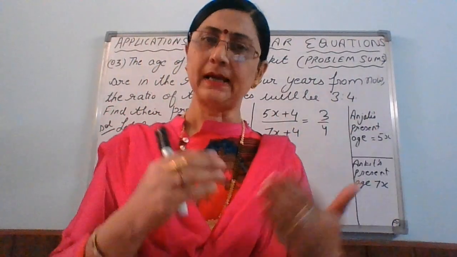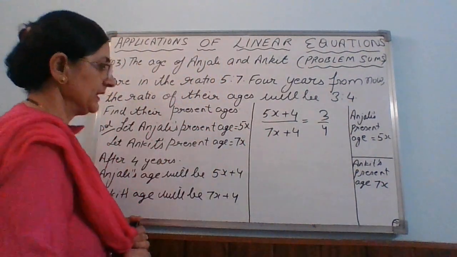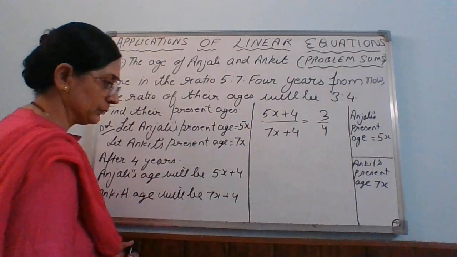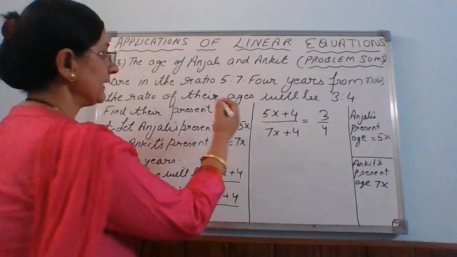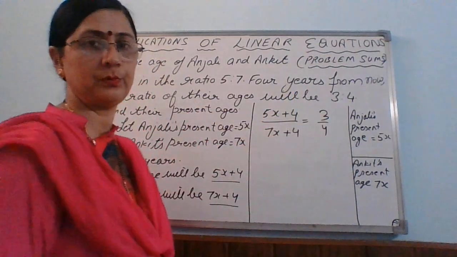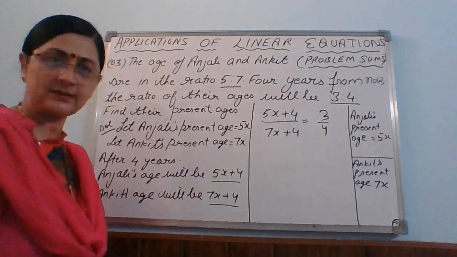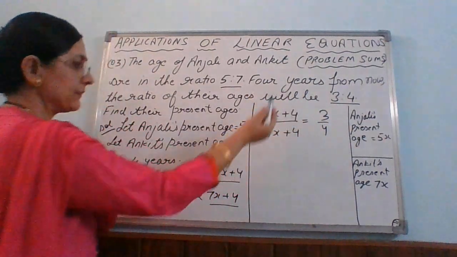From now means you have to find the future age, the age after. Now, it has been given that the ages after 4 years, 5x plus 4 and 7x plus 4, are in the ratio of 3:4. So two ratios have been given. This ratio is for the present ages, right? And this ratio is for the ages after 4 years.